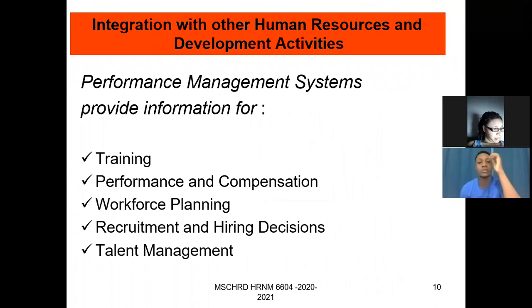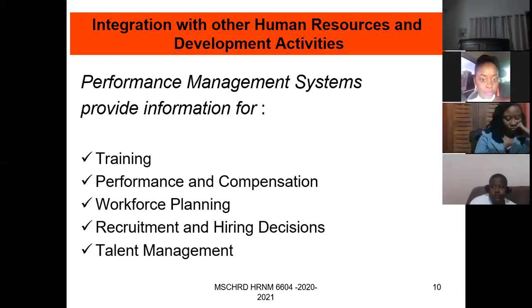Okay, now it's important to note that when we do set up the performance system, it also integrates with other HR activities, okay? When properly used, the system provides information for training, and I'm sure you can imagine how.